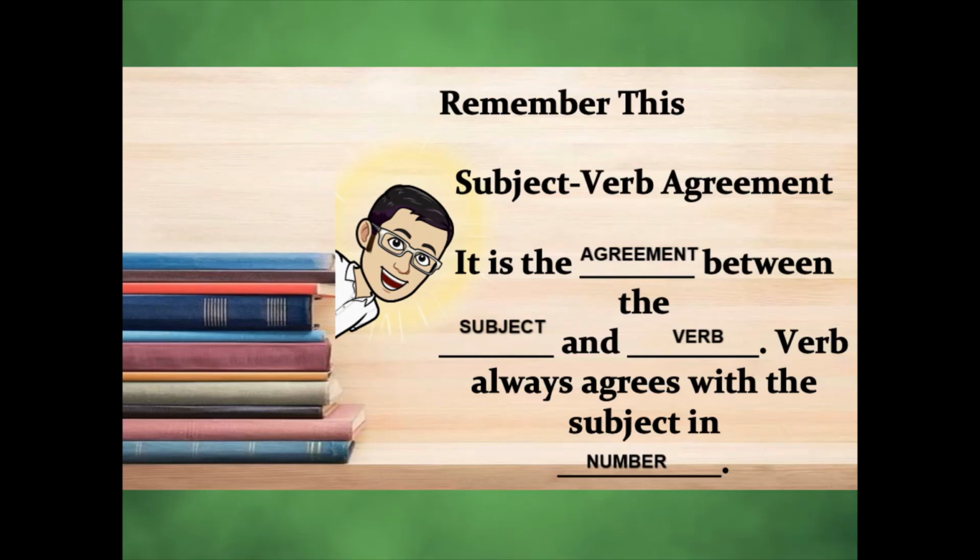So what have you learned today from this lesson? Remember this, subject-verb agreement. It is the agreement between the subject and verb. Verb always agrees with the subject in number. Singular subject always takes singular verb, while plural subject always takes plural verb.